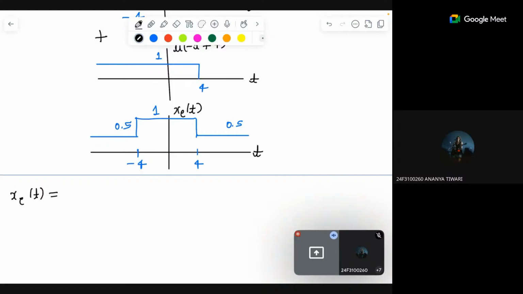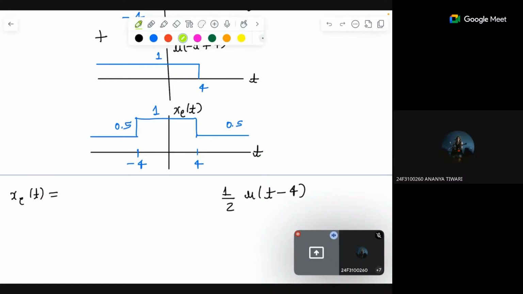So for the even part, let us start from the right hand side. First let us write this signal. The magnitude is half, u of t, when t is greater than minus 4. Is this fine for this expression? Everyone agrees?